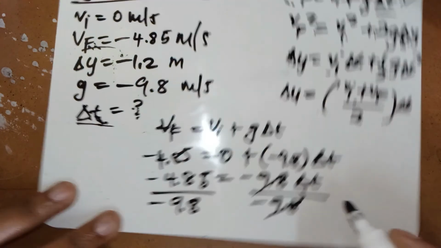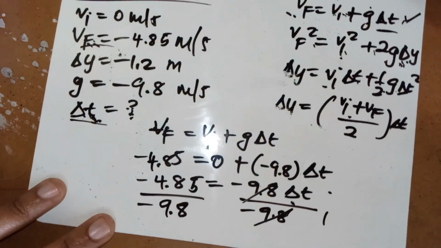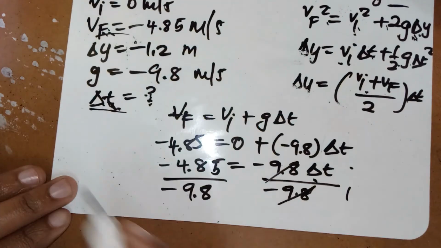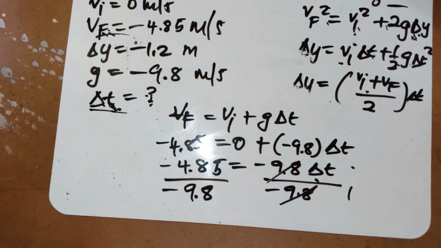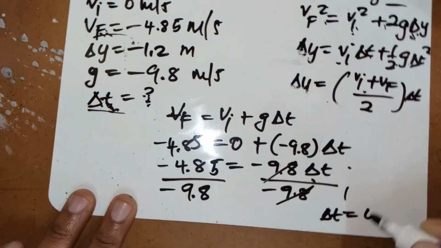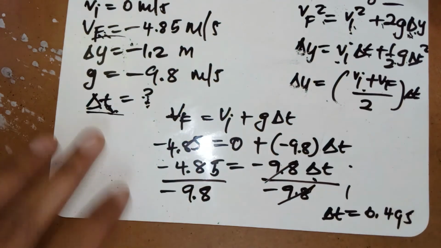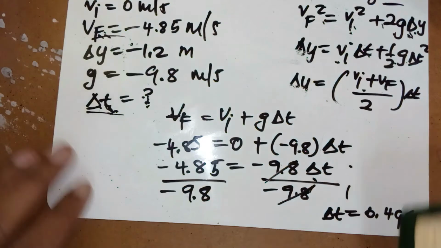So we have now a situation where we say, okay, negative 4.85 divided by negative 9.8, put that on our calculator, and if we do that, we find that the change in T is equal to 0.49 seconds.